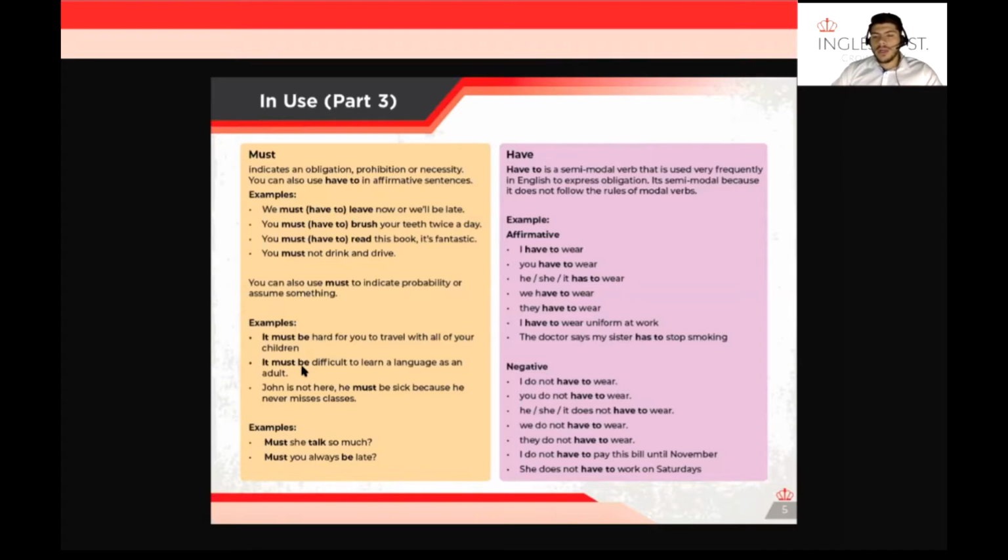So we can say, for example, it must be difficult to fly a plane, right? Because I believe that it is very difficult to do that. For me, I am completely sure that it's difficult.